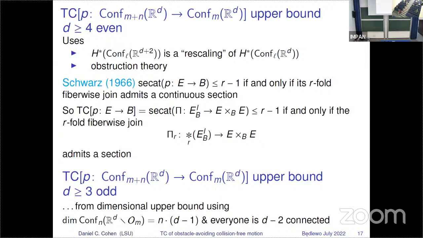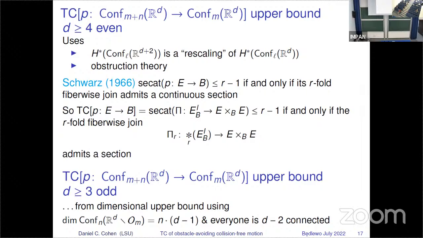Namely, the fibers of the Fadell-Neuwirth bundle, we know their dimensions. And when D is relatively large, you have some connectivity that you can play with. These two observations, together with the dimensional upper bound I recorded earlier, give you the exact same number as the cohomological calculations, which are now long since gone.